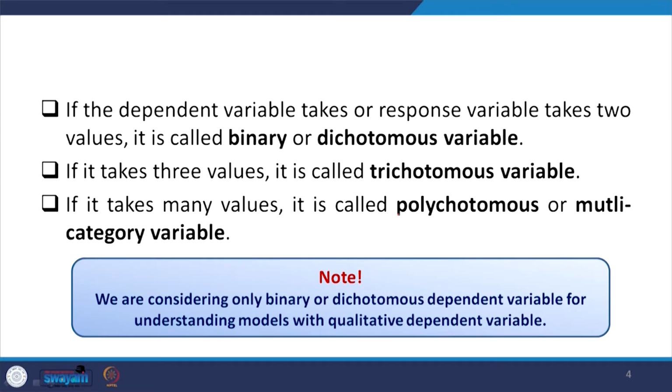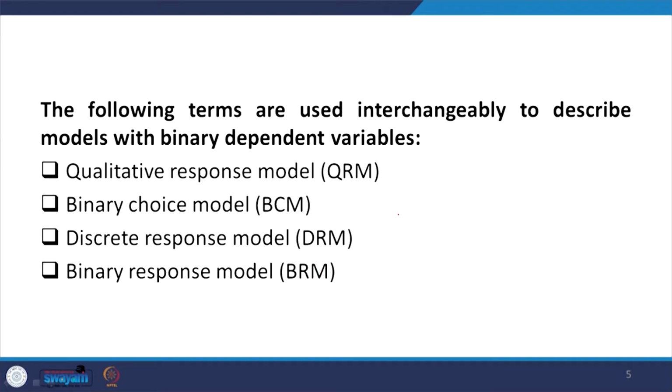Now, as I already mentioned, we are dealing with the binary choice model here, the dichotomous dependent variable, for understanding models with a qualitative dependent variable. The following terms are used interchangeably to describe models with binary dependent variables.